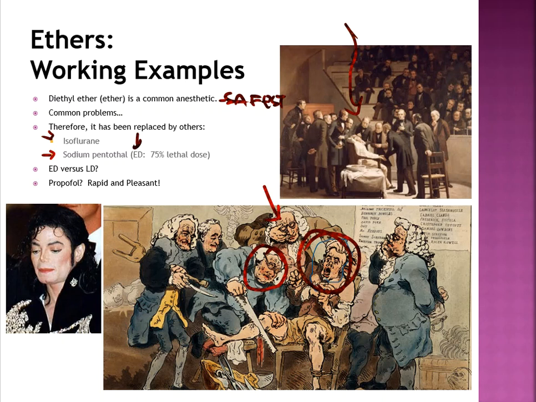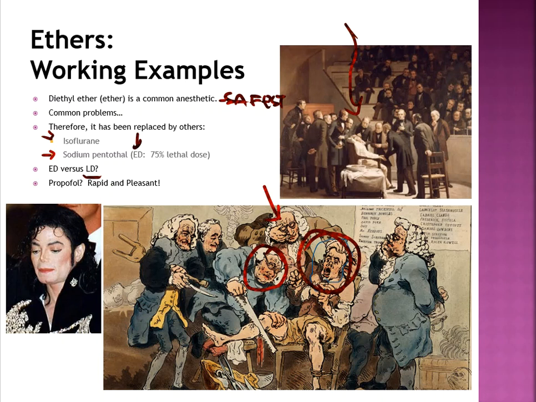If you compare the effective dose, the ED, to the lethal dose, the LD, you're at 75%, which means you only have a 25% wiggle room before you give that patient too much anesthesia and it kills them. That is the problem with some of the anesthesia out there on the market.